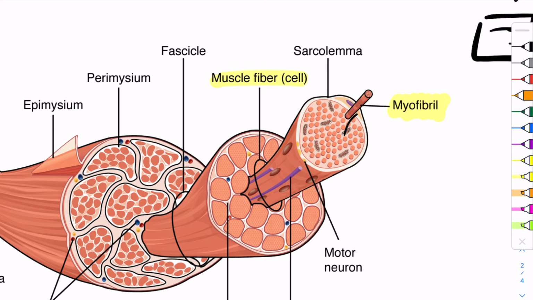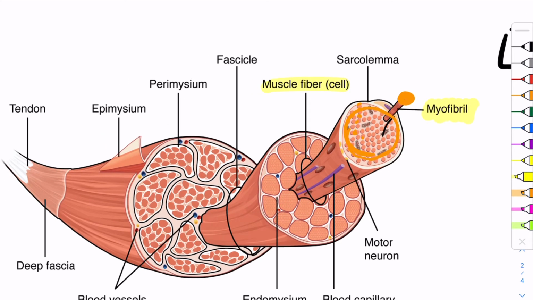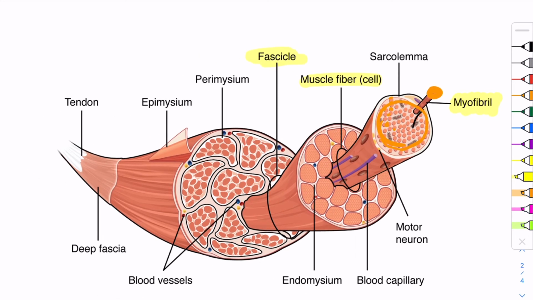So the myofibril is this tiny thing. Then the muscle fiber is made up of lots of them. So we can see them. This is it here. Then next, we have a fascicle, which is made up of lots of muscle fibers. Then next, we have this whole basically muscle.